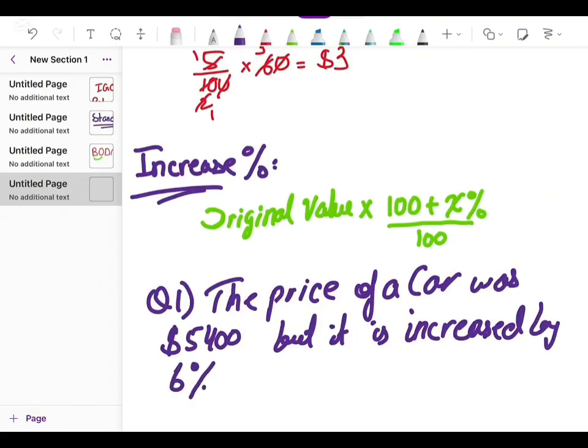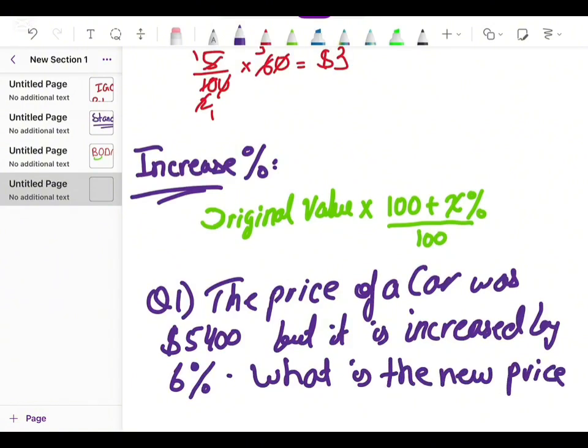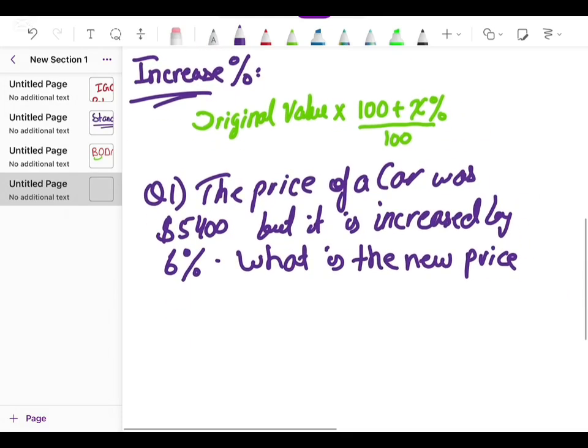So you can see that there is an increment of a percentage, 6% increase in the amount of the car. So when these types of question come, then we will use this formula. When there is an increment or increasing a percentage of any value of anything, or decreasing, we have a formula of decreasing as well. So what we need to find out is, what is the new price. This is what the question is. Now we will use this formula and solve the question.